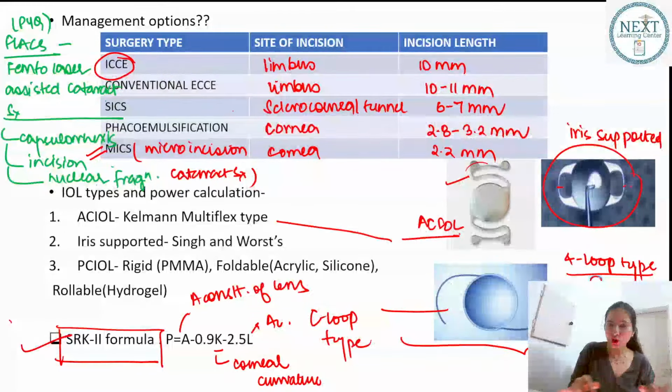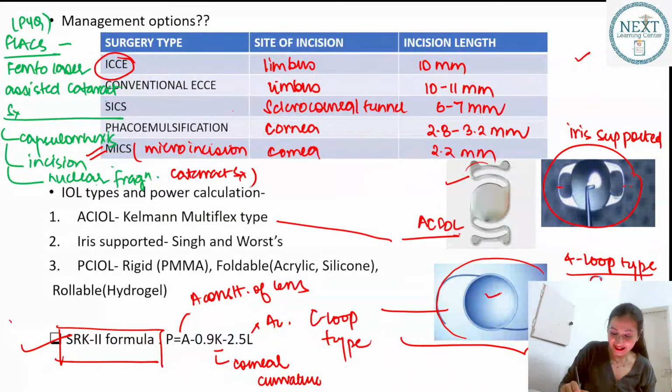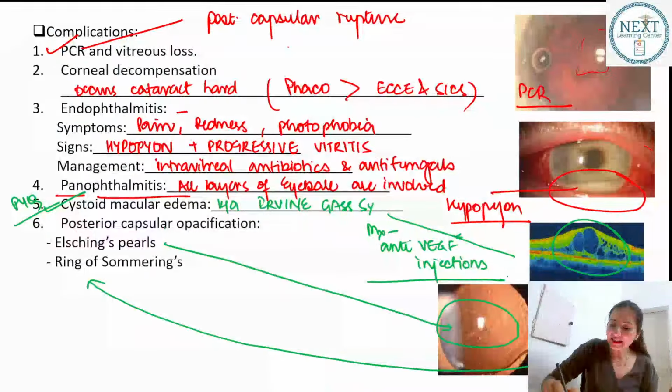Let us look at the Maha Revision PPT now. This was taught in Maha Revision, and as you can see, this is how your lens looks. It has a center circle which you call the optic, and these are your haptics. This is the normal reflex from the fundus, and this is the normal margin of the intraocular lens.